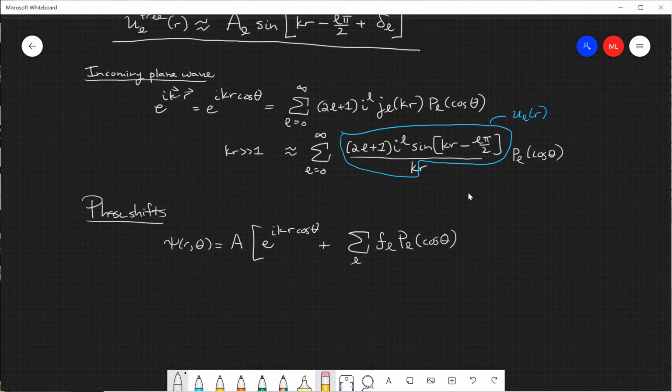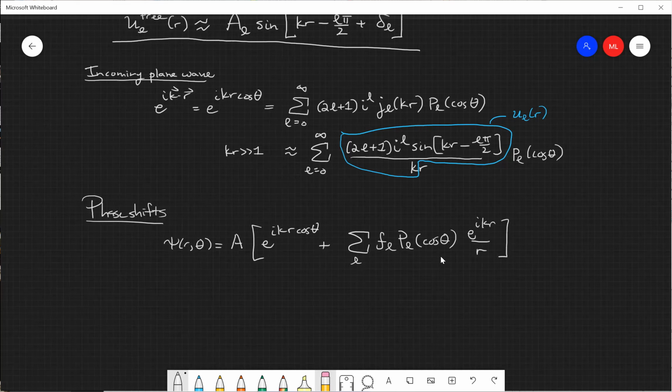Because the Legendre polynomials are complete, they form a complete basis for functions that live on the interval -1 to 1. And cosine theta lives between -1 and 1, so any angular function you could represent as some sum of coefficients times the Legendre polynomial of cosine theta. And you have the outgoing spherical wave.